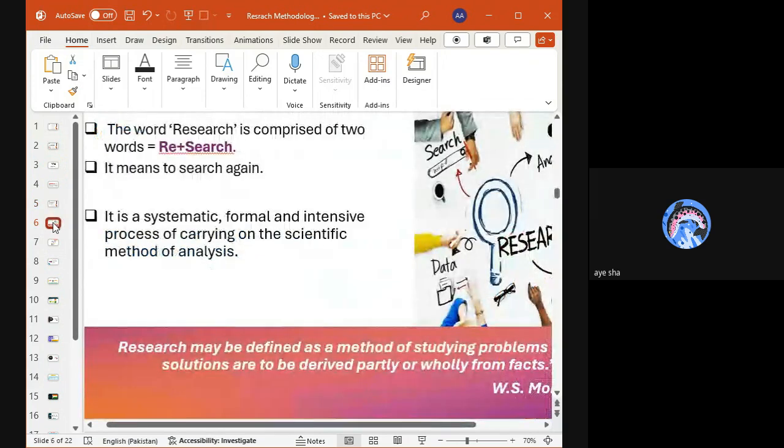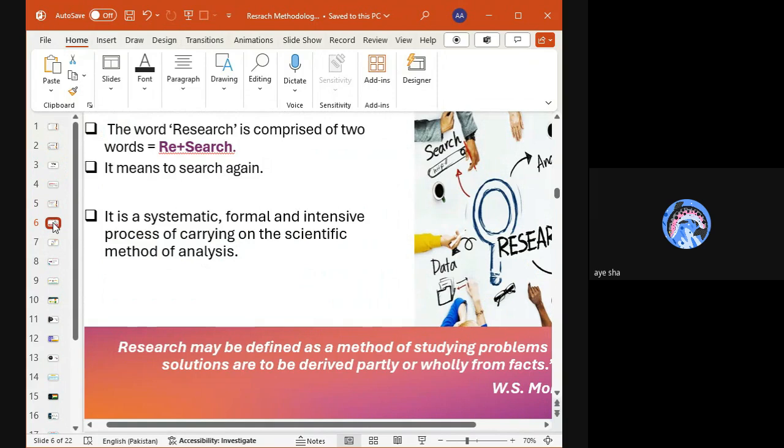So what is the concept of research, which is a very important thing in any diploma, any business? The word research is comprised of 2 words, re and search. That means you are searching something again.